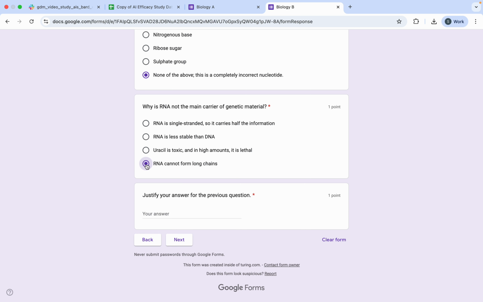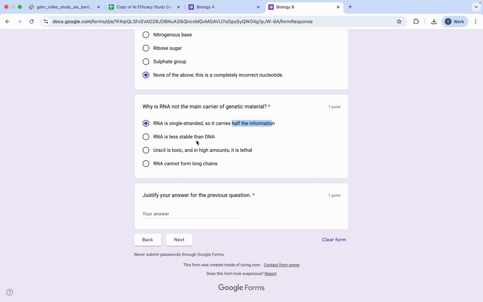The first is wrong, it does not carry half the information.